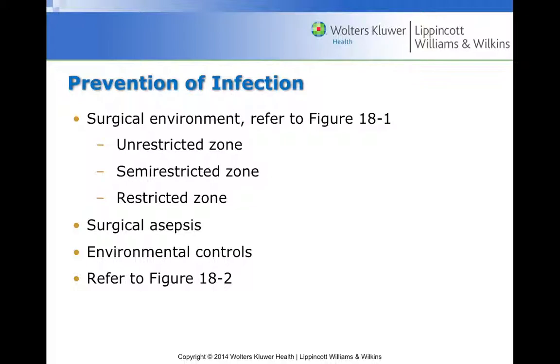The unrestricted zone, where street clothes are allowed. The semi-restricted zone, where attire consists of scrub clothes and caps. And the restricted zone, where scrub clothes, shoe covers, caps, and masks are worn. The surgeons and other surgical team members wear additional sterile clothing and protective devices during surgery.